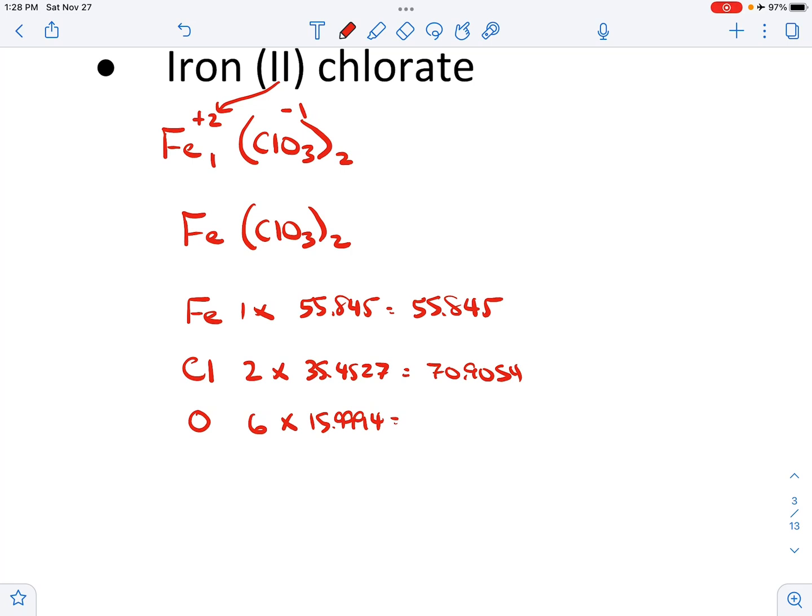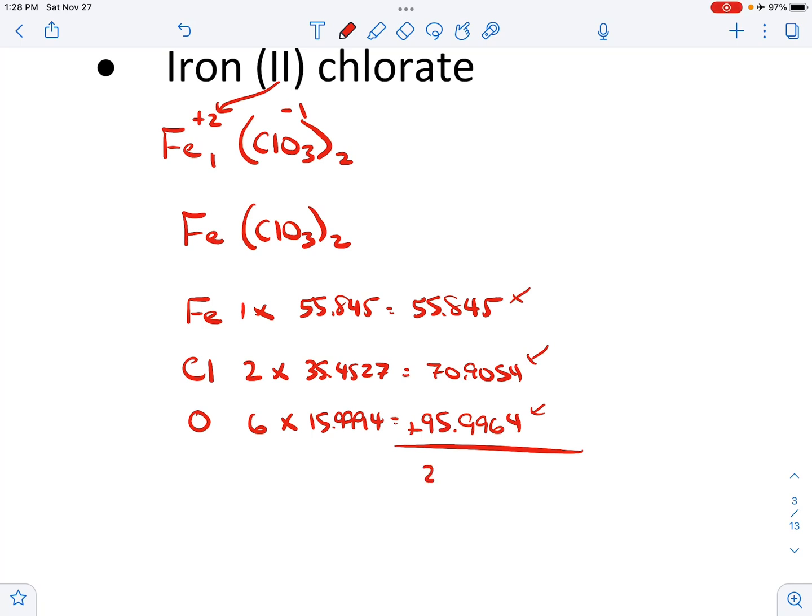And I do encourage you to write it out like this, because what we do tomorrow, we'll use these numbers here in our notes on percent composition. So it's kind of important to write them out. But for today, we're just going to add these babies up. So we got 95.9964 plus 70.9054 plus 55.845.